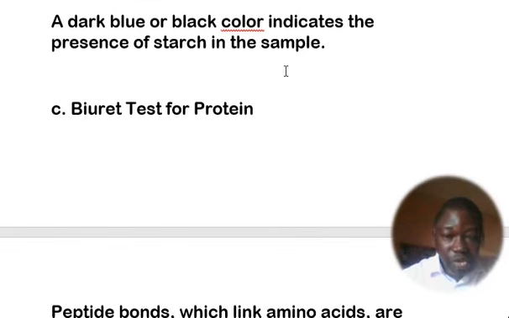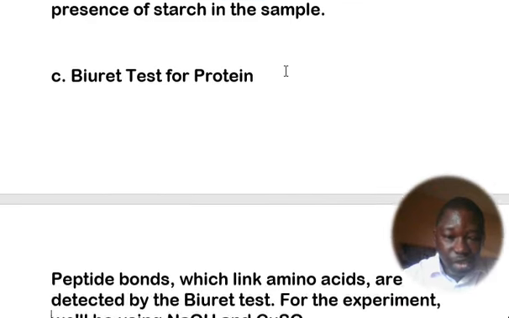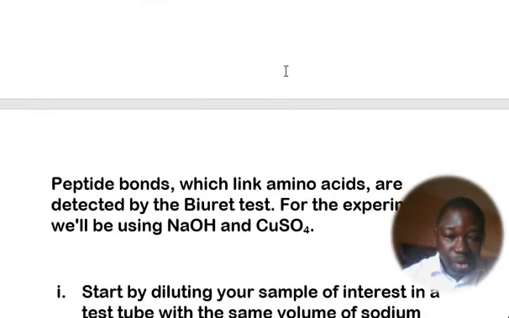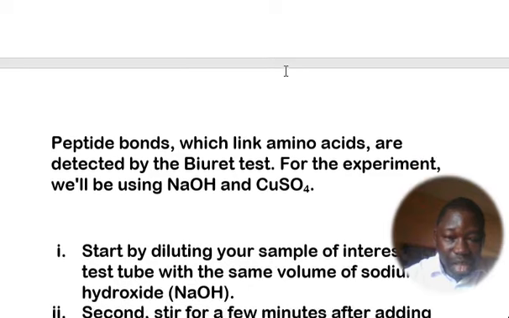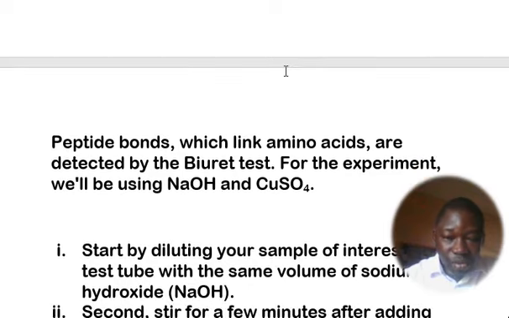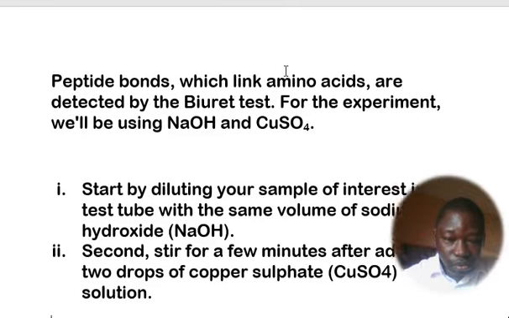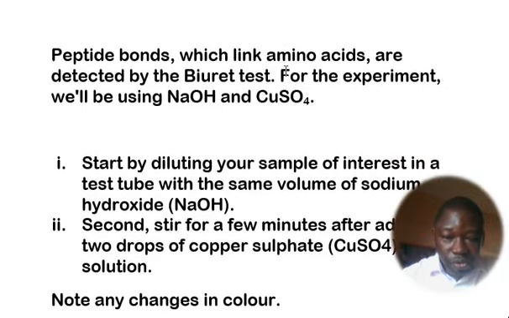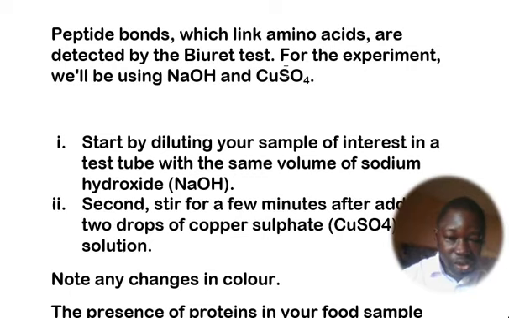The next test is the test for protein, that's the biuret test for protein. Peptide bonds which link amino acids are detected by the biuret test. For the experiment, we'll be using sodium hydroxide and copper sulfate. You start by dissolving your sample of interest in a test tube with the same volume of sodium hydroxide.